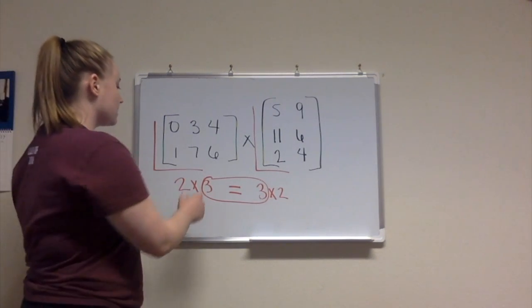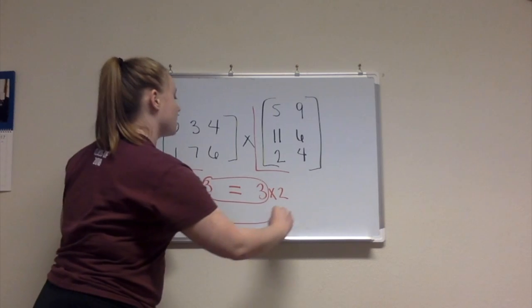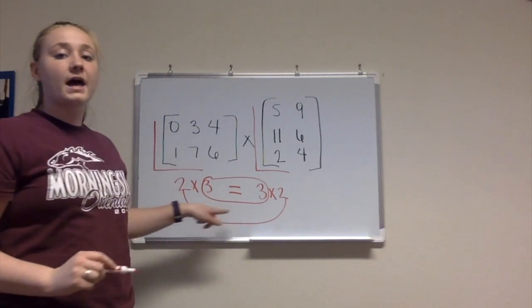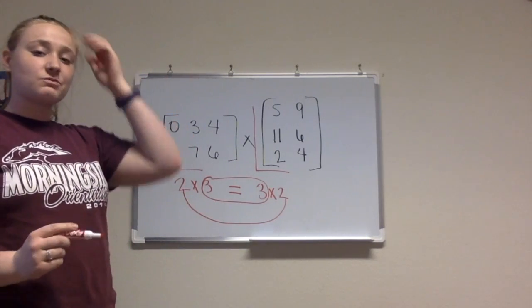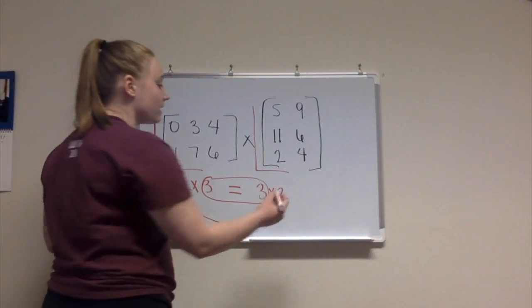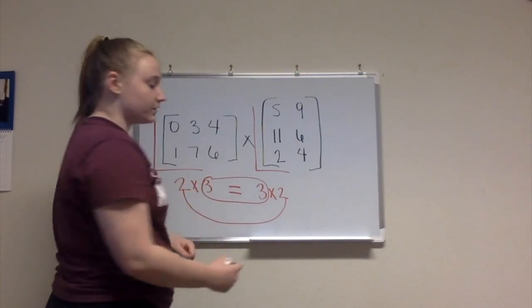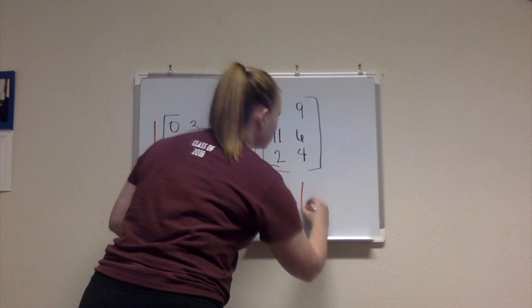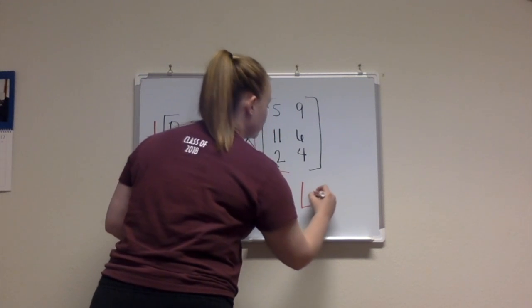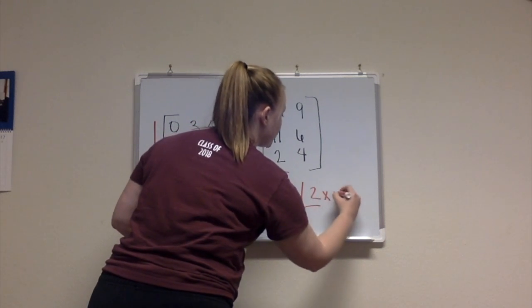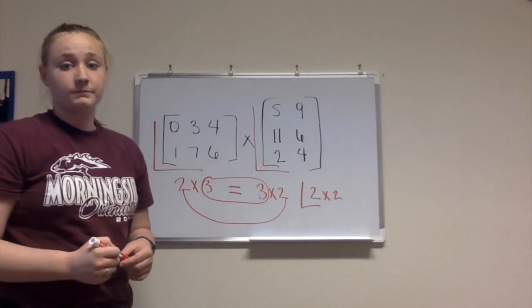The outer numbers don't have to be the same, but they tell you what the next matrix will look like. So you can make your L, because we know the insides are equal, and you know that when you multiply these, it's going to be a 2 by 2.